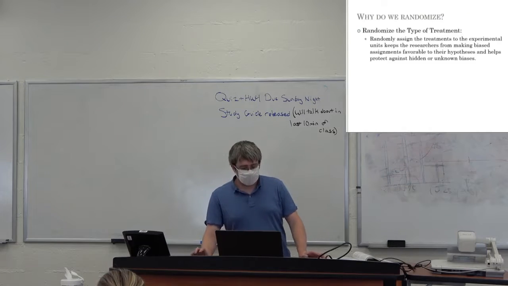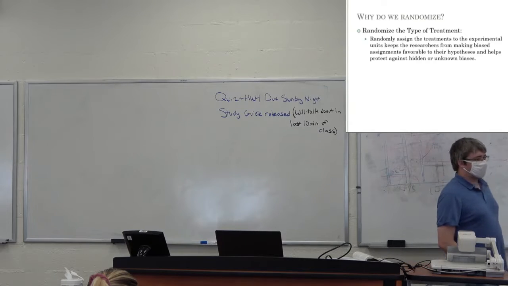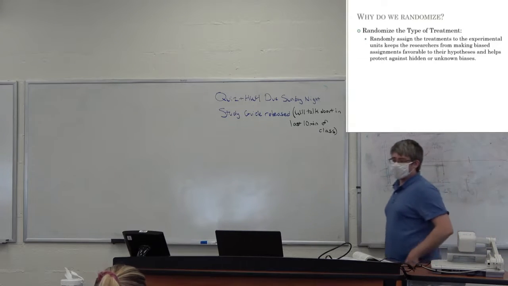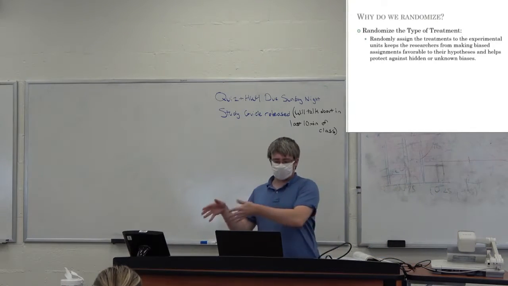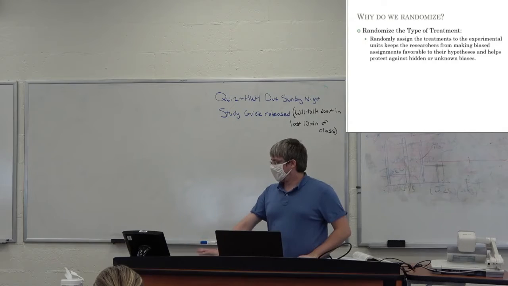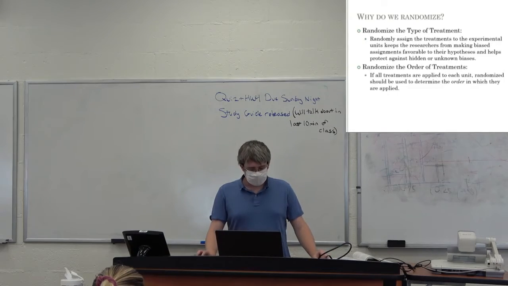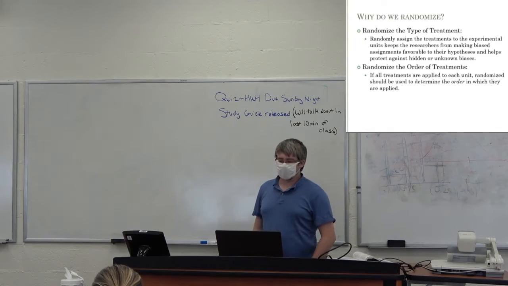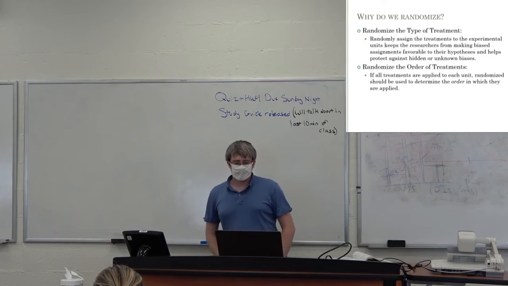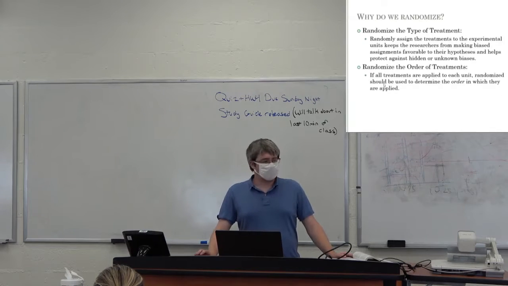And so why do we randomize? Well, one way we can randomize in the type of treatment is to randomly assign the treatments to the different experimental units in order to not make any biased assessments on each particular experimental unit. Another way of randomization is randomizing the order of treatments. I'll talk about a couple examples on how we do the order.